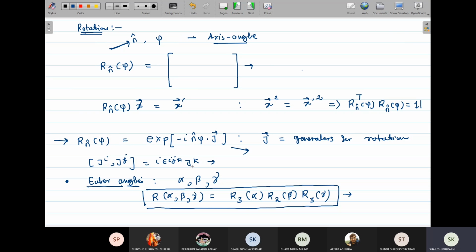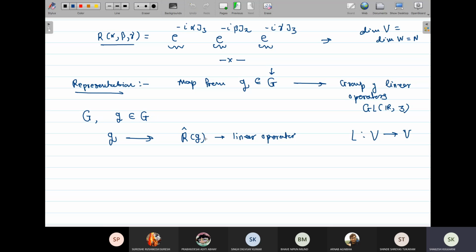In fact, this is the way it is defined: not from quantum mechanics to group theory, but from group theory to quantum mechanics. Representation basically allows you to check the action of the group on certain vector spaces. If the dimensionality of V is n, then we say that this R forms an n-dimensional representation of this group.